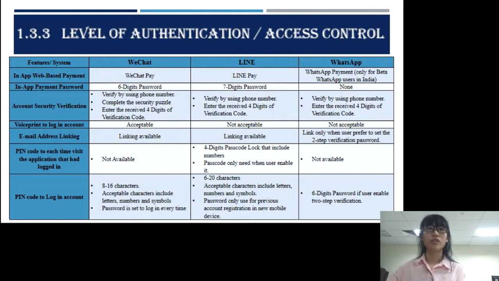For the PIN code each time the user visits the application after logging in, WeChat and WhatsApp currently do not require a PIN code, but for Line, the user can set a 4-digit passcode lock that includes numbers, and this is available only when the Line user sets the passcode.